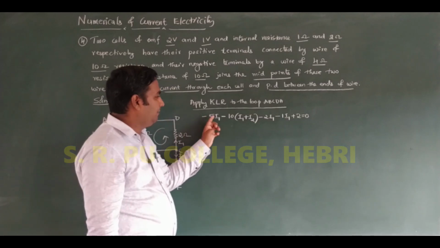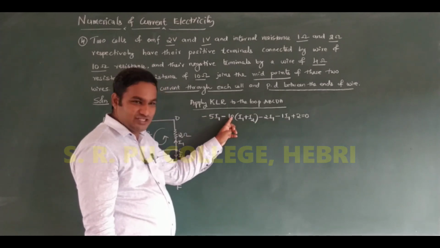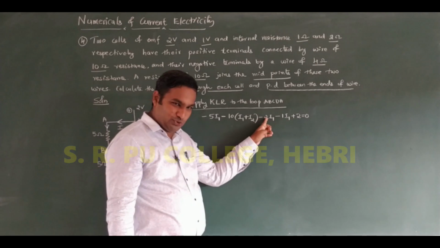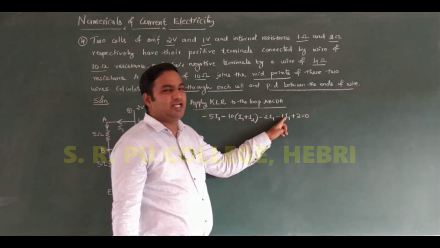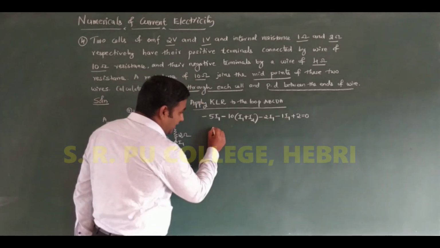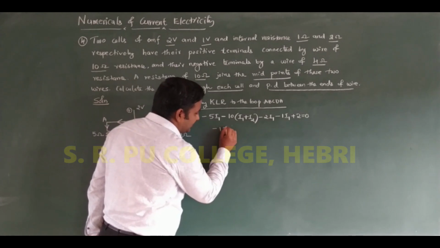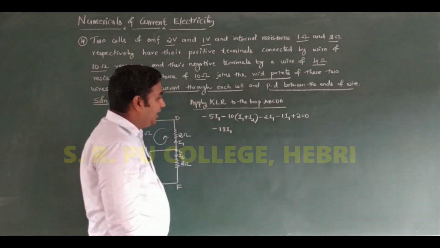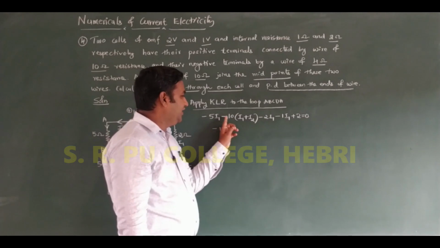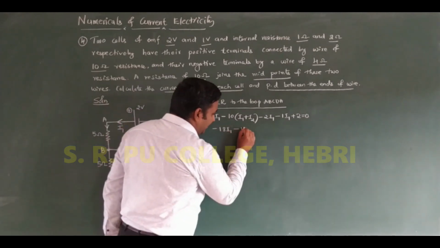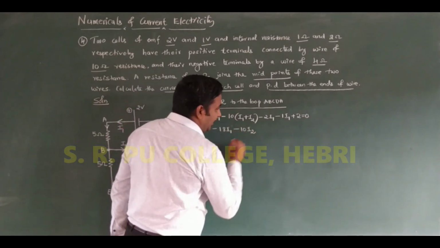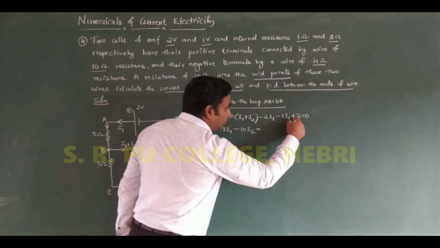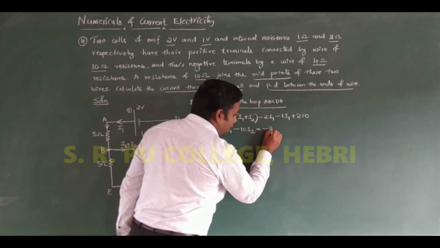Total: 5 plus 10 is 15, plus 2 is 17, plus 1 is 18. But here it is negative, so minus 18I1. Again the remaining term is minus 10I2. The 2 taken to that side becomes minus 2.